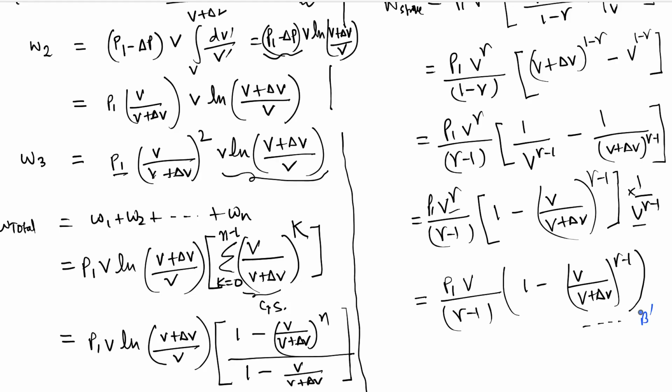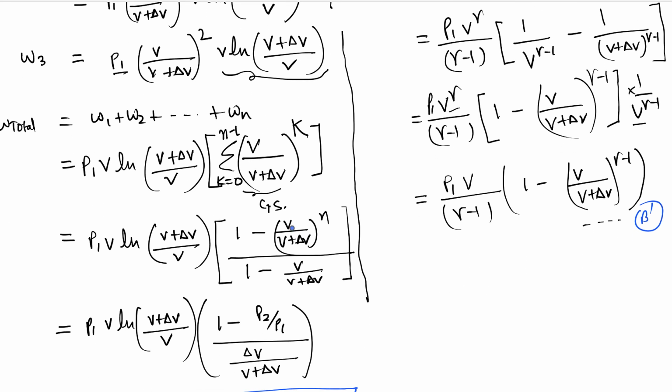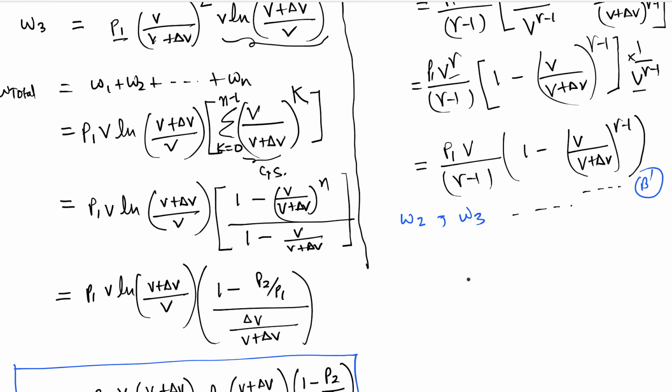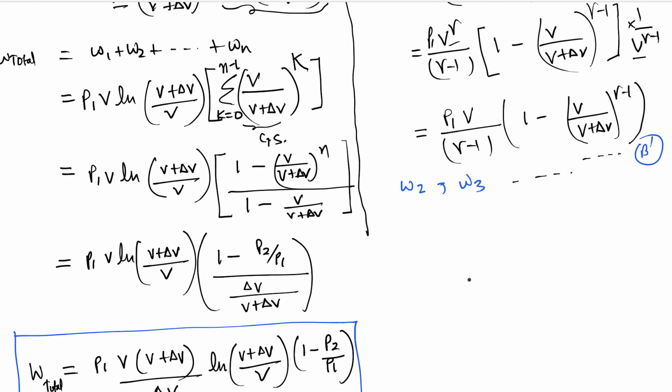Okay, so let's write it like this. Now we follow the same method and compute the work done for the second and third strokes and all that. I leave this as an exercise for you. Compute the work done for the second case and third case, and eventually you will get a geometric series. And if you sum all the work done by all the strokes, you will eventually get the total work.